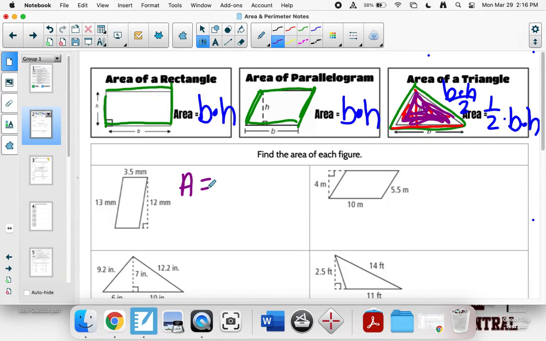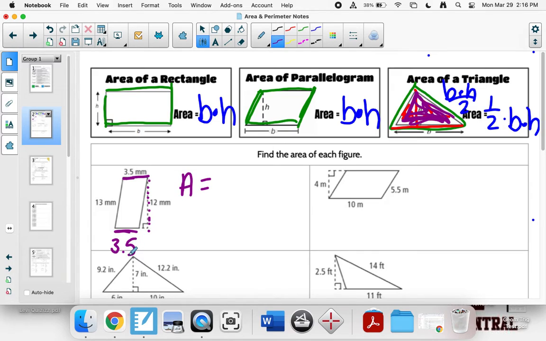What is the height of my parallelogram? 12. Yeah, it's this thing that's dashed. 12. What about the base? We know that in parallelograms, the sides opposite each other are the same.